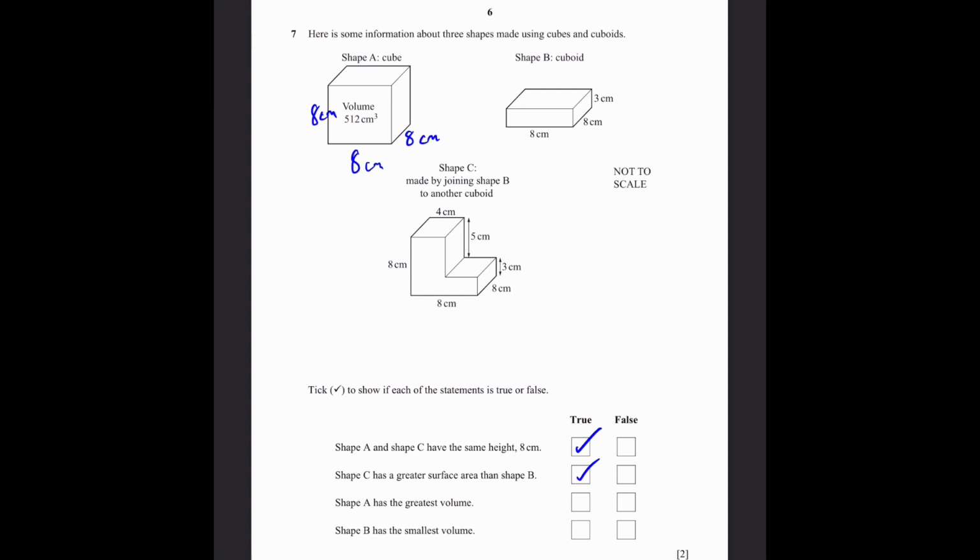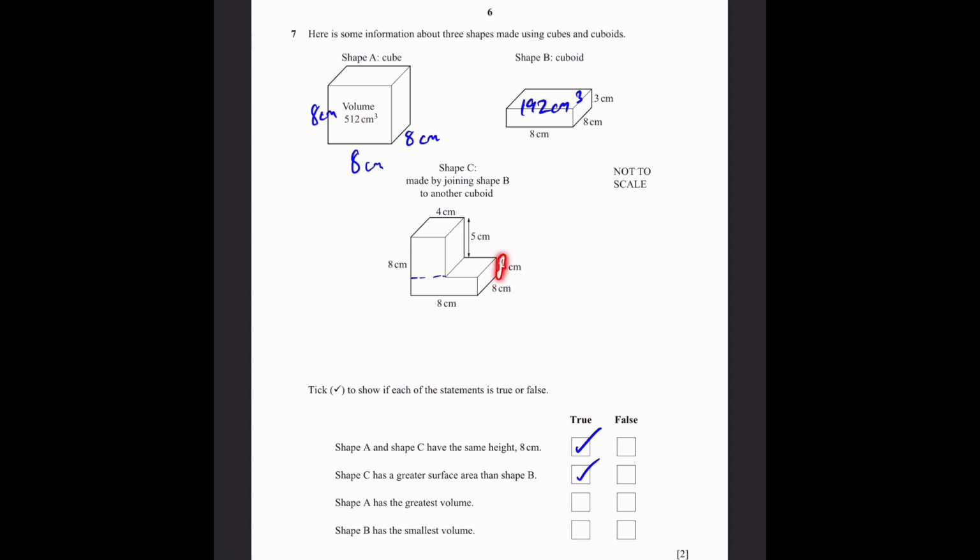Shape A has the greatest volume. We can see the shape A has volume 512. Shape B has volume of 8 times 8 times 3, which is 192 centimeters cubed, which is obviously less. And shape C, we can divide this into two shapes. First is the original cuboid, which has a volume 192 centimeters cubed. And we have a new cuboid.